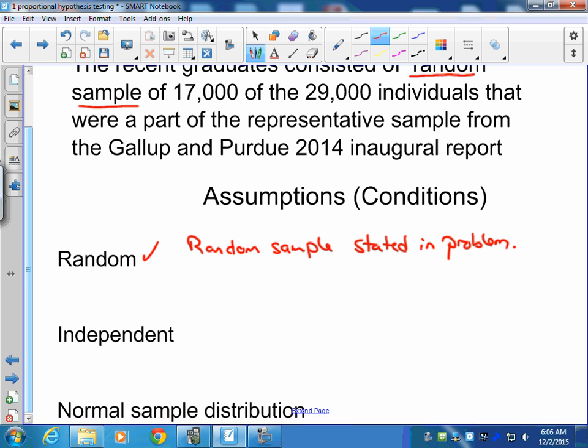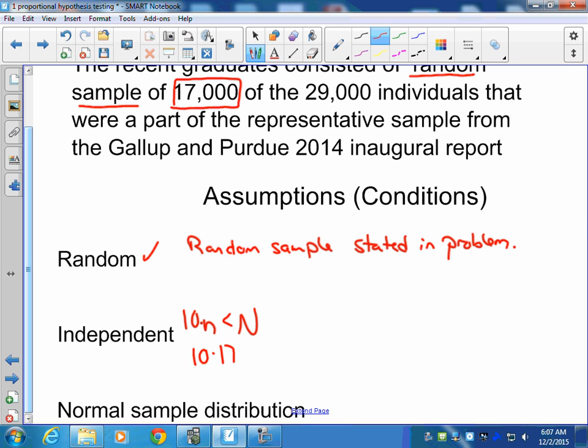When we look at independence, remember, independence is 10 times n. Is that less than the population size? We have to be careful. We have two sample sizes here, but in this case, our little n is 17,000.